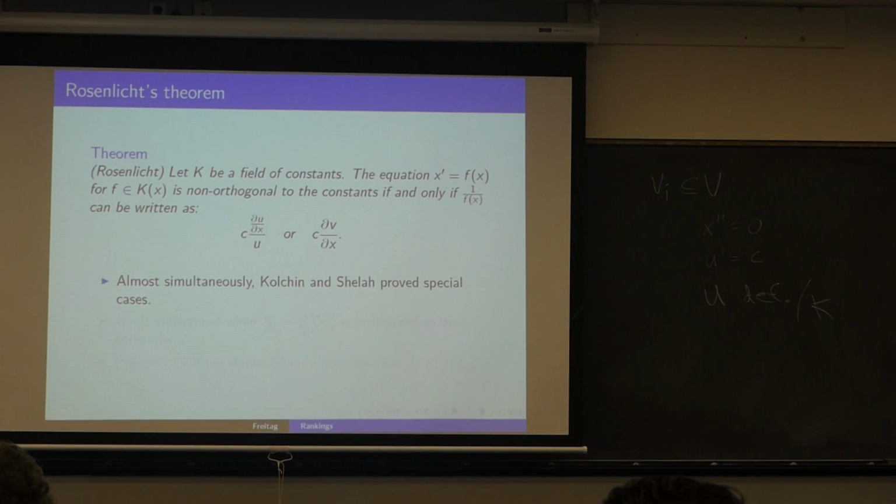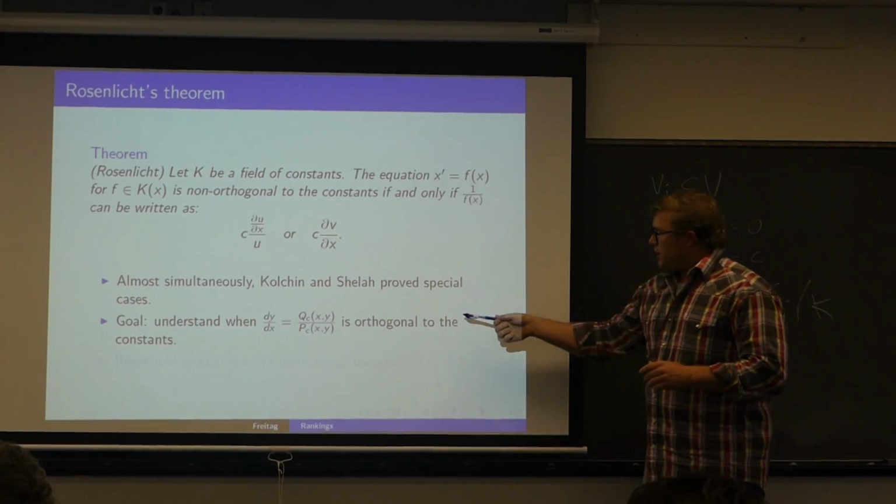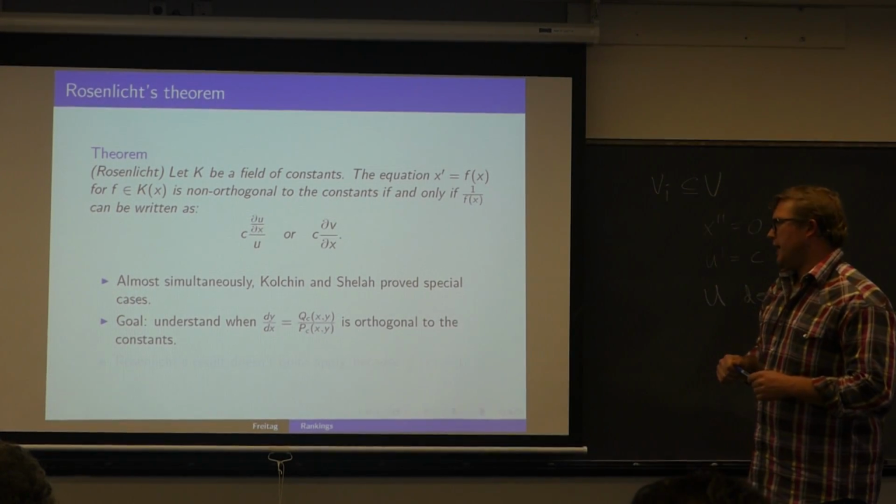Okay. It's historically true that Kolchin and Shelah proved some specific examples which Rosenlicht's theorem generalized right around the same time, and they were all trying to prove the non-minimality of differential closure. But the goal is now to understand when this is orthogonal to the constants.